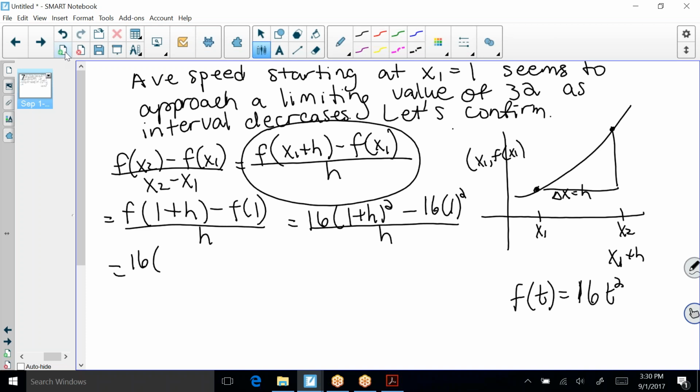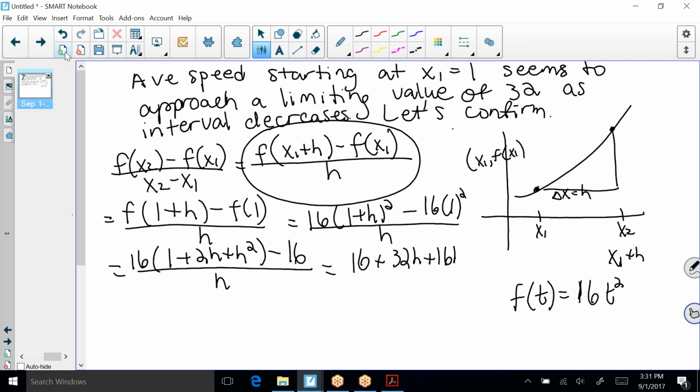When we FOIL 1 plus h, we get 1 plus 2h plus h squared, and distributing that 16, we get 16 plus 32h plus 16h squared minus 16, divided by h. So the 16s are going to cancel.